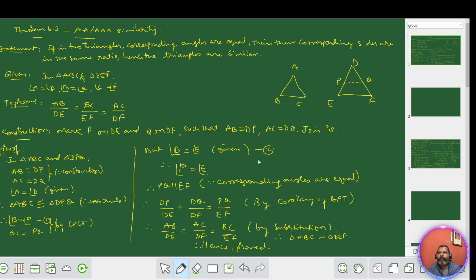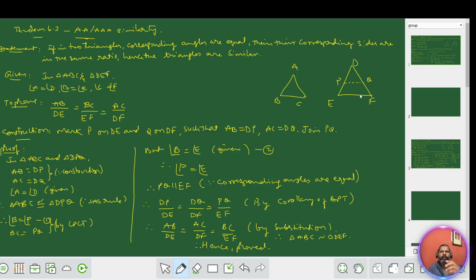That is, if we consider the triangle ABC drawn in the figure and DEF, if corresponding angles are equal, meaning A is equal to D, B is equal to E and C is equal to F, then the two triangles' ratios are the same. That is AB by DE, BC by EF, AC by DF.